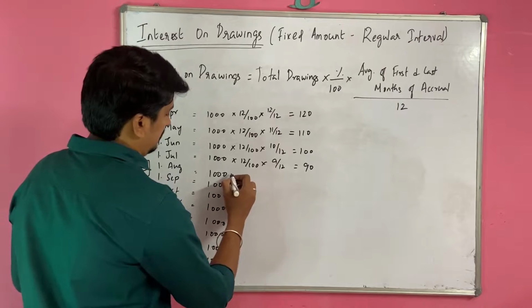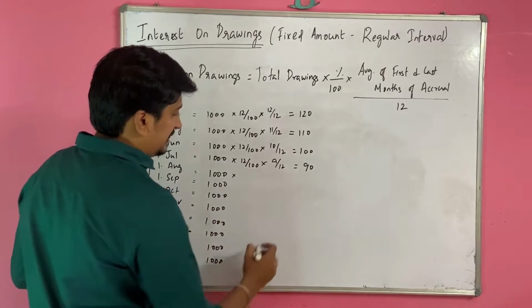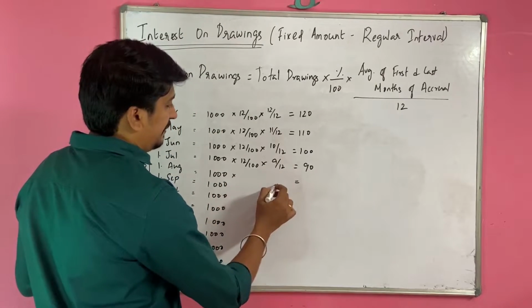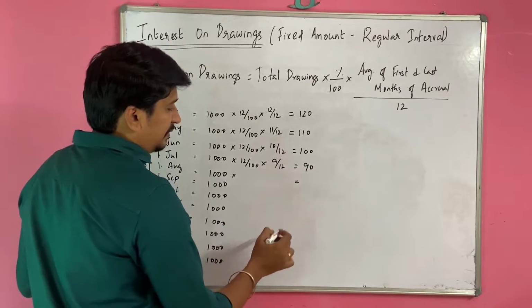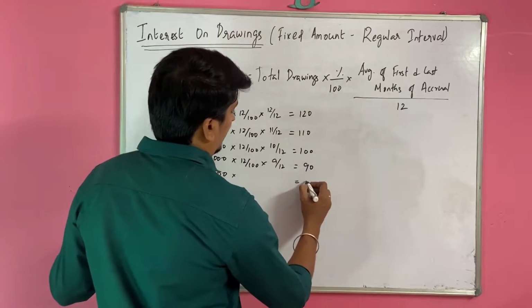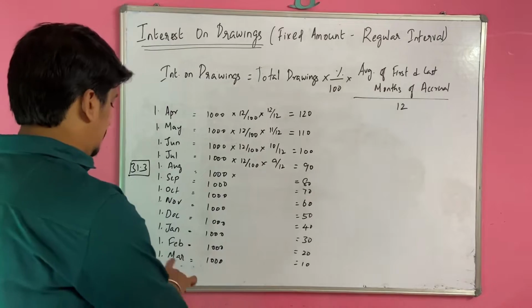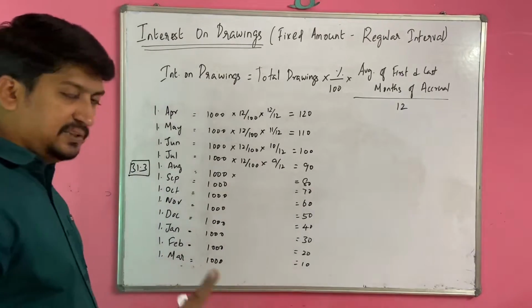And for August, it will go like this, so I will simply write the values. When you calculate 12 by 100 into 8 by 12, 7 by 12, 6 by 12, it will go like this: 80, and so on, and the last one is 10, because it is March 1 to March 31st, which is 1 month only.